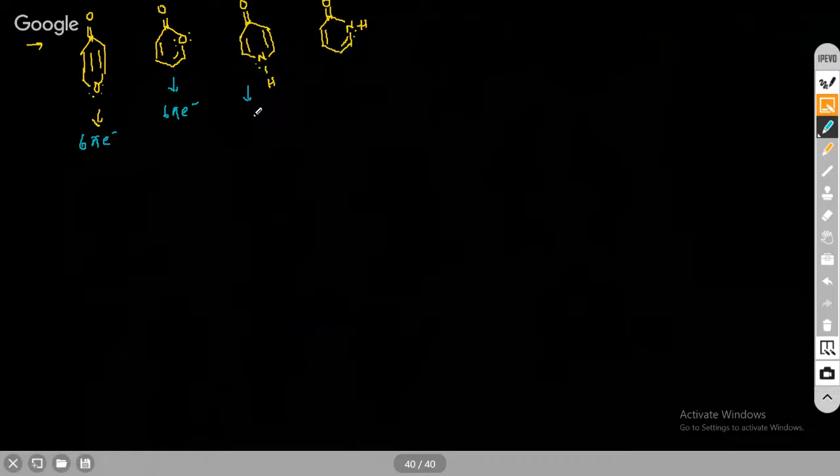One lone pair, 2 plus 2, 6 pi electrons. Again, one lone pair, 2 plus 2, 6 pi electrons here. This lone pair can go here, this will go here, and then again, when this comes here, the resonance is possible.